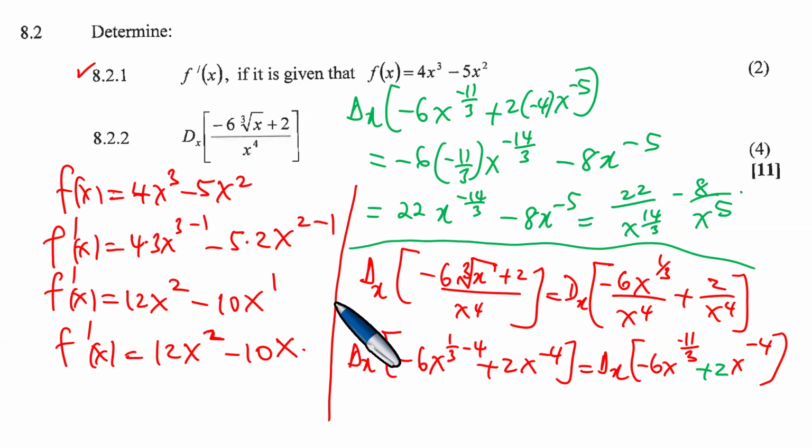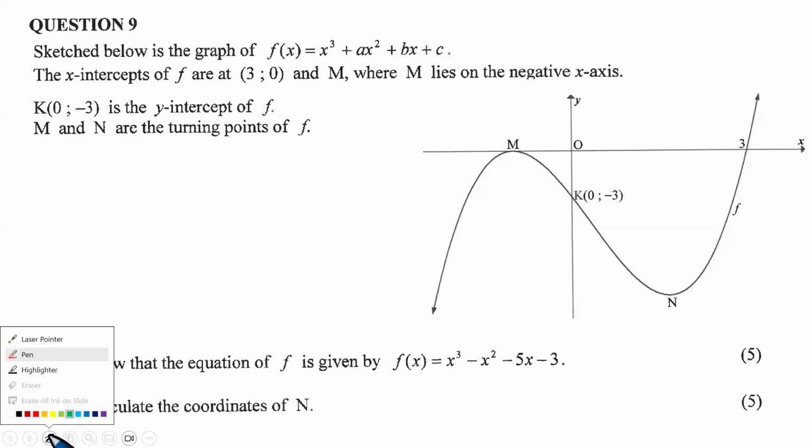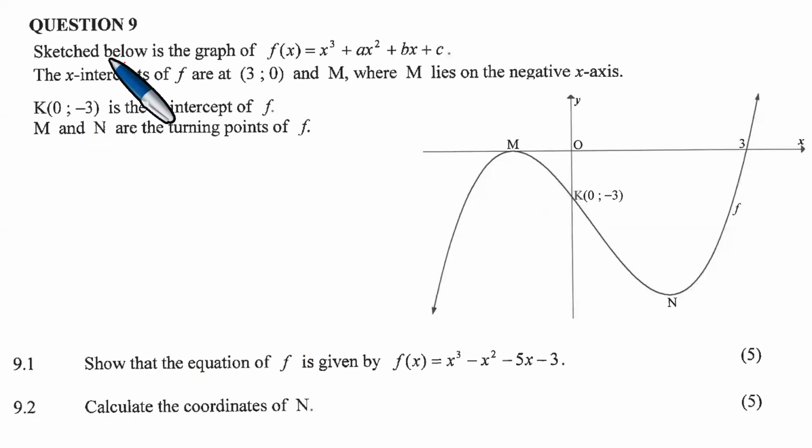This becomes the answer. Okay, so we continue now to solve the next question. In the next question, we have a graph, and this graph sketched below is the graph of f of x equals x cubed plus x squared plus bx plus c.